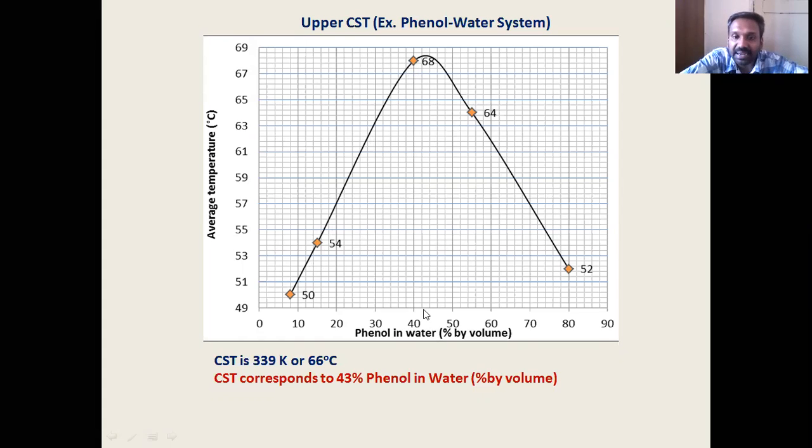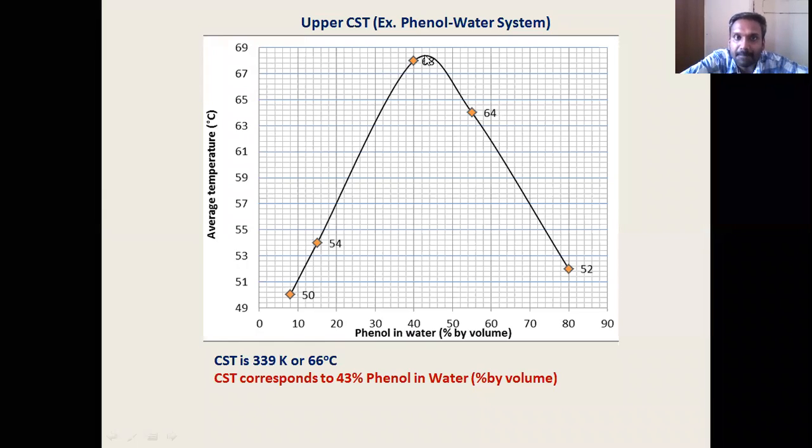Okay. But what is expected? If you keep increasing the volume of phenol, the miscibility temperature should keep increasing in direct proportionality. But it doesn't happen like that. A peculiar observation happens. At some composition of phenol water, there is a highest point of the graph, that is the maxima.